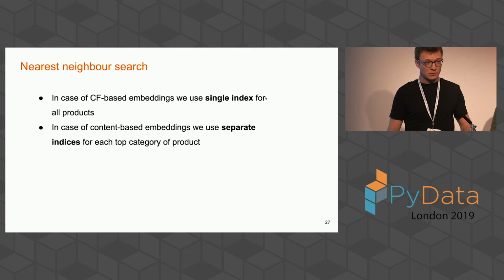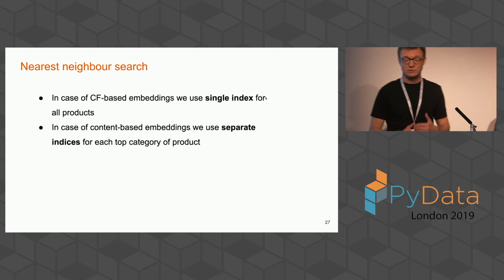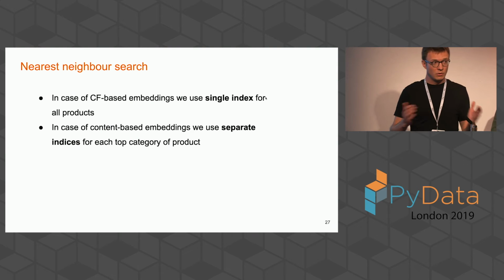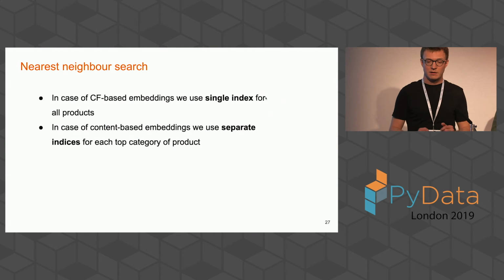For collaborative filtering recommendations, we built just one big FAISS index, because we can build this index. For content-based, it was too big. To put all 100 million embeddings into one FAISS index, we could not find a big enough machine in GCP.